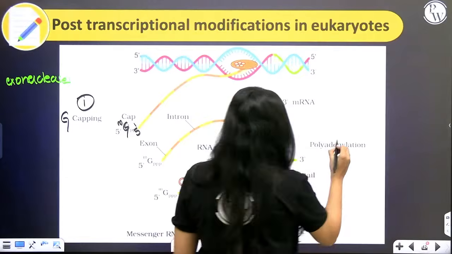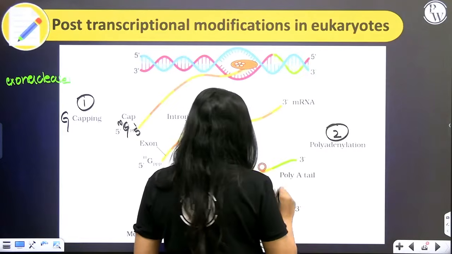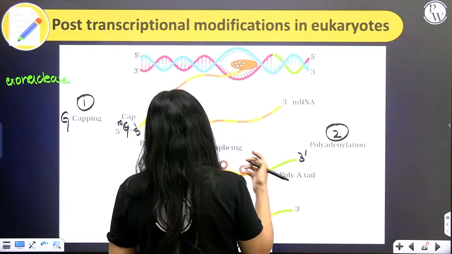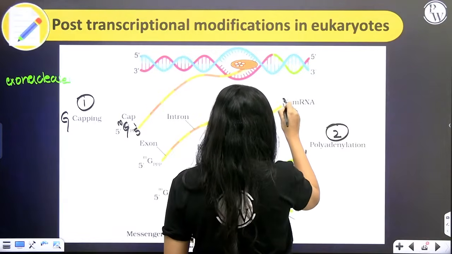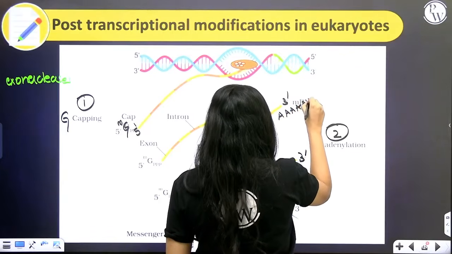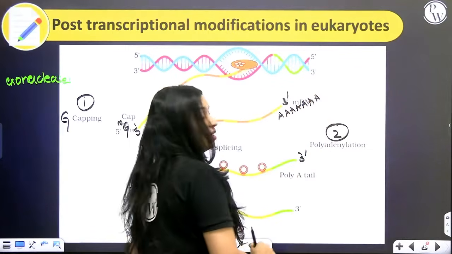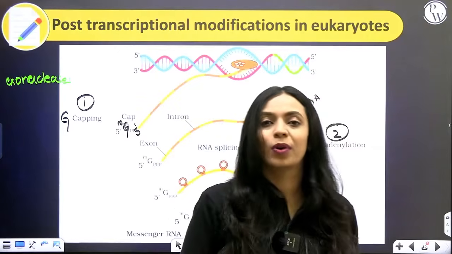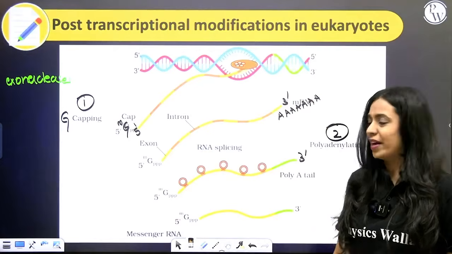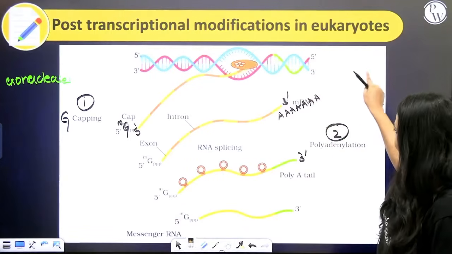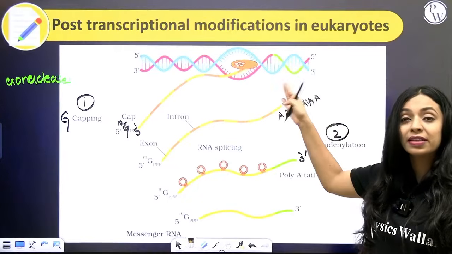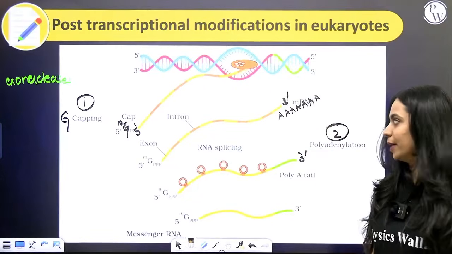The second step is called polyadenylation, which occurs at the 3' end. As many as 200 to 300 A's are added in a template-independent manner. What does that mean? For this RNA to be synthesized, a DNA template was required. But for this poly A tail to be added, no template is required. This also protects the 3' end of the RNA.